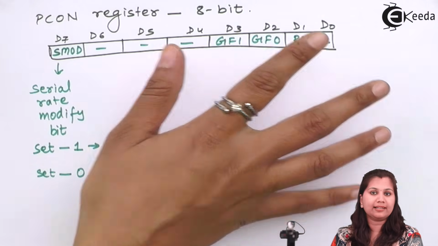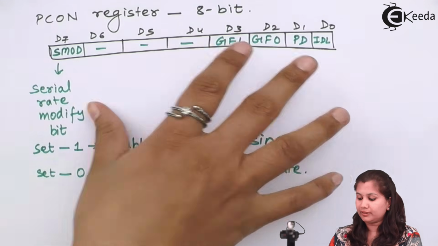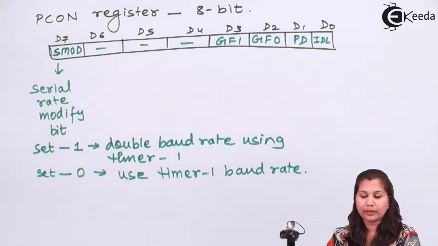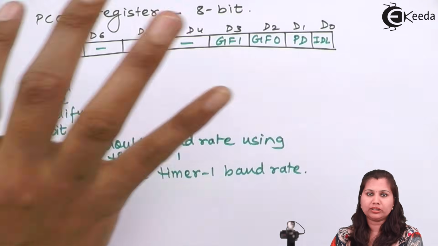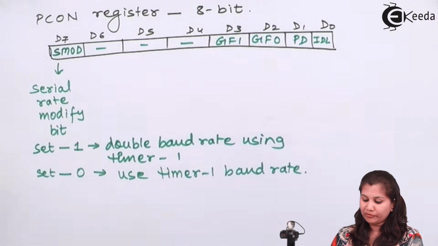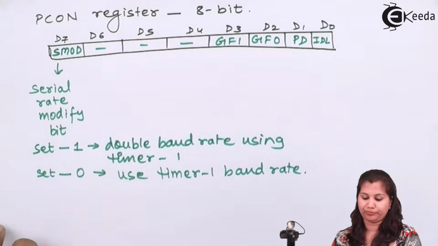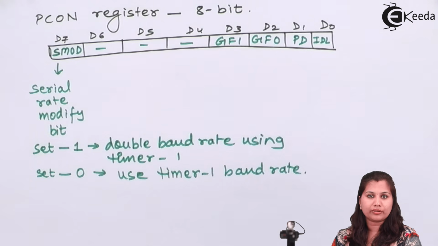And IDL is for the idle mode selection, meaning if we want to set the microcontroller in idle mode, this bit can be set. Only the D7 bit is used for serial communication, for the baud rate selection. So this is the PCON register.